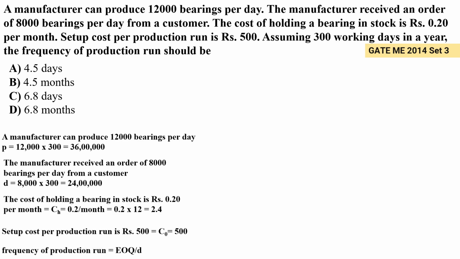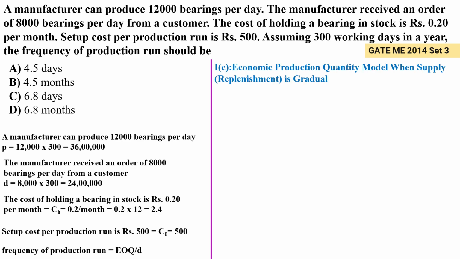Then we have to determine the frequency of production run, which is equal to the EOQ divided by consumption rate, small d. This model is model 1C because production rate is given.